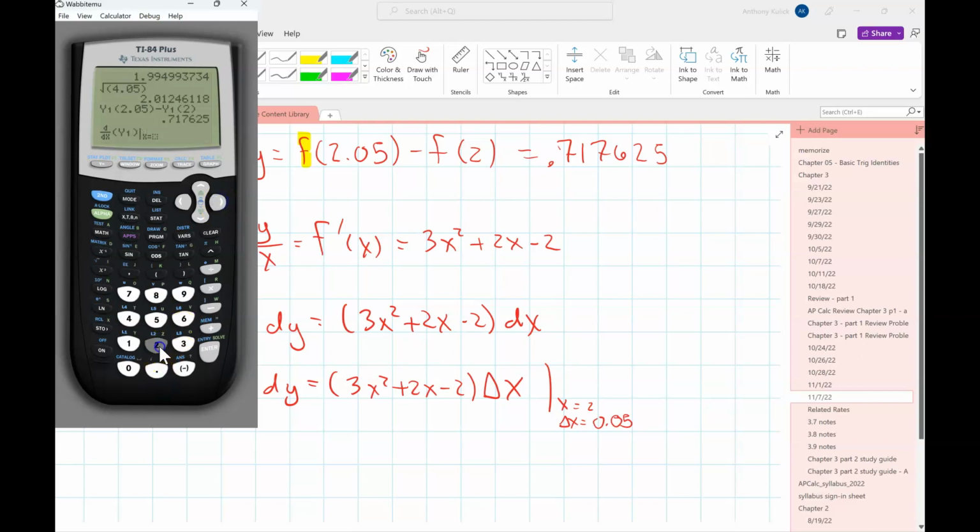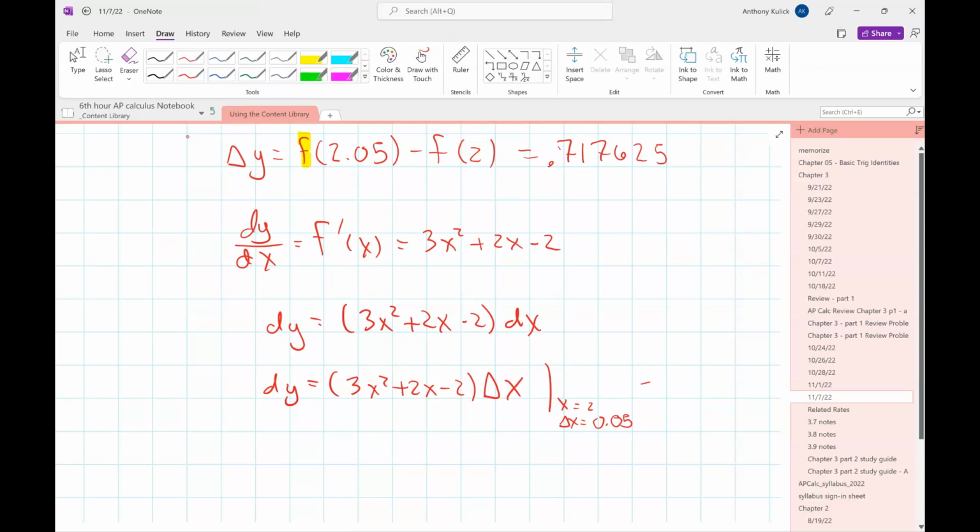Evaluate that when x is equal to 2. And then I'm just going to multiply by 0.05. How wonderful is that? Your calculator is very good at taking derivatives at a point. Use it. I think I've shown you this before, but get some practice.